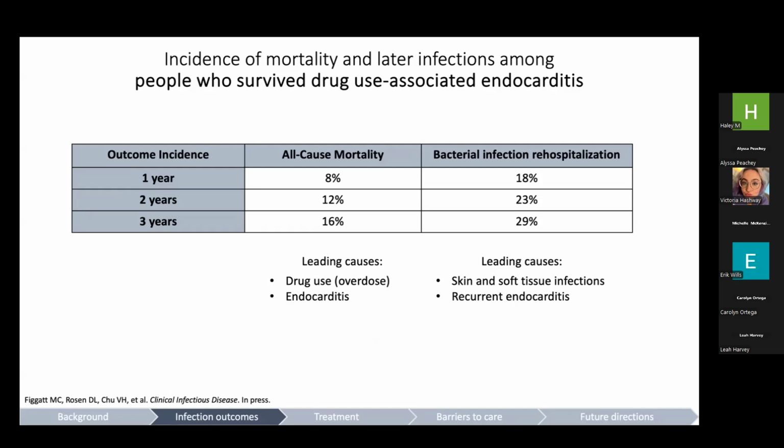And about a third of people get rehospitalized at some point for another bacterial infection. The leading causes of death among those who died during follow-up were drug use associated, like overdose, and then endocarditis complications. And some of the leading causes of bacterial infection rehospitalization were skin and soft tissue infections and recurrent endocarditis.